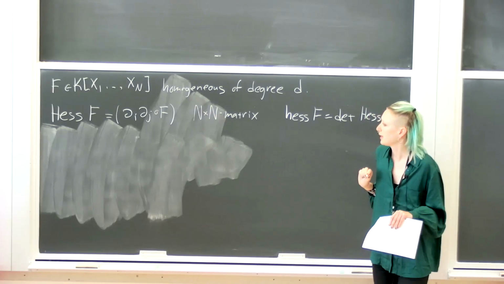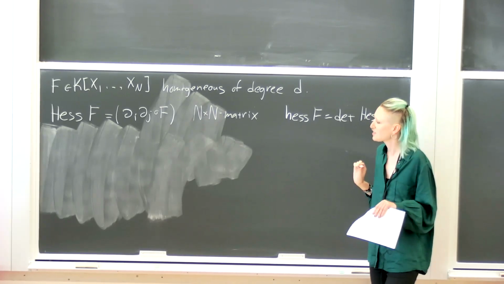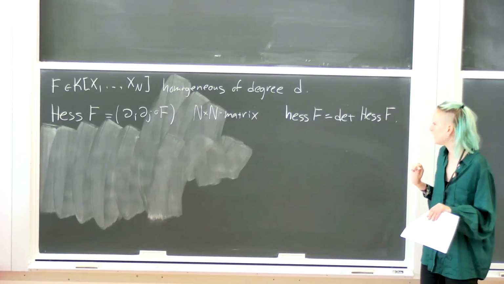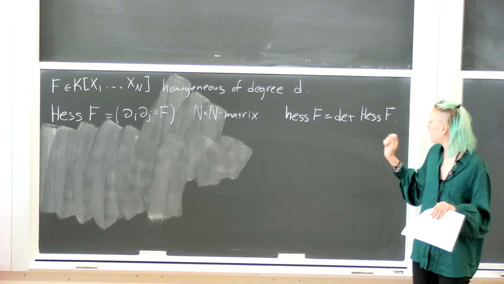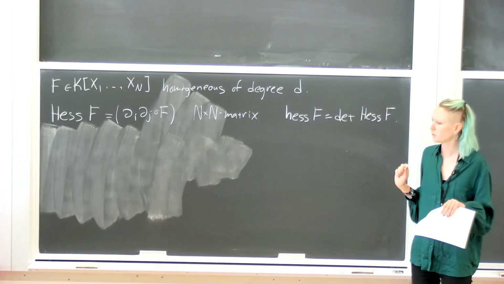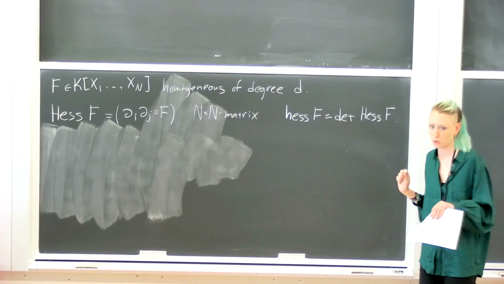So sometime in the 1850s, Hesse made a claim about these polynomials. He claimed that the Hessian determinant is equal to 0 if and only if the variety of f is a cone.